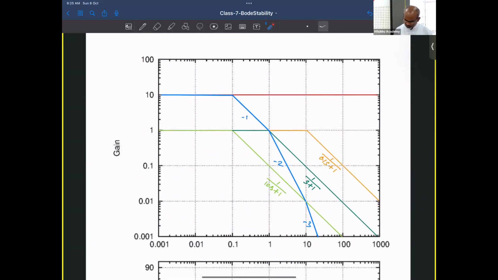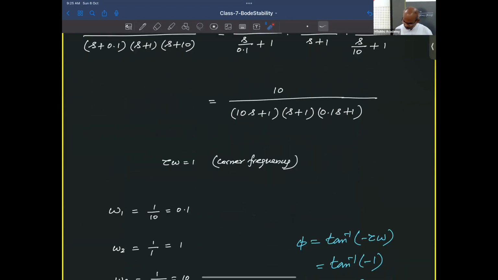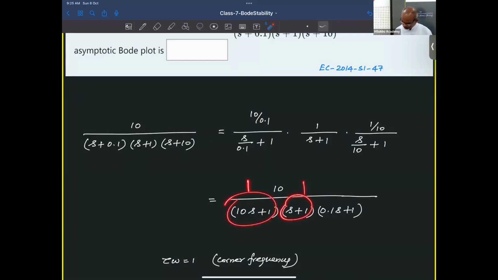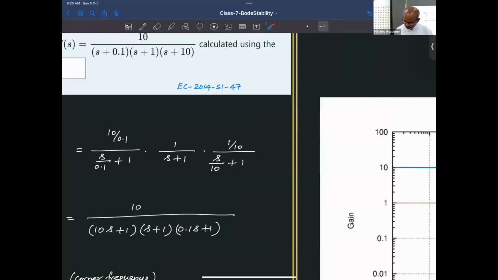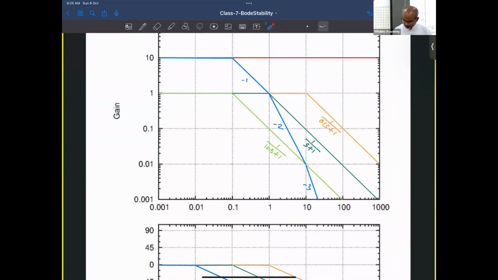Next thing is simply 1 by 10s plus 1, 1 by s plus 1, 1 by 0.1s plus 1. So for 1 by 10s plus 1, the gain plot will have, at the corner frequency, the intersection of the low frequency and high frequency asymptotes.